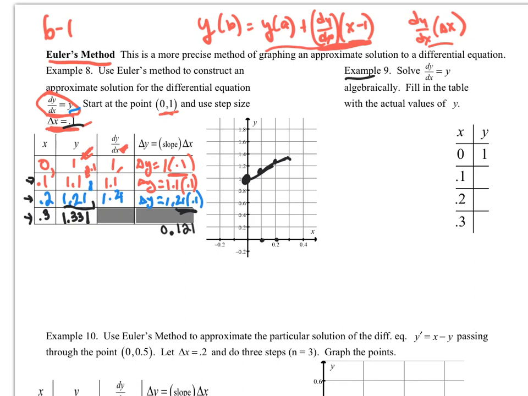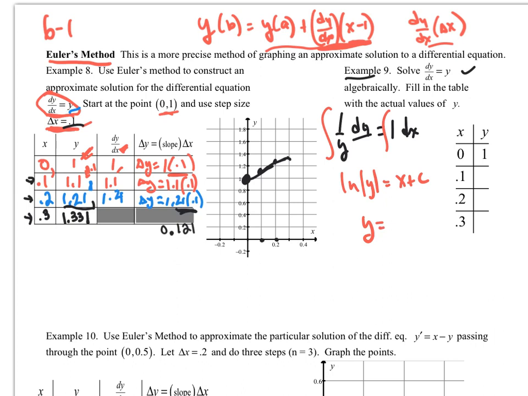Example 9 says, well, let's do this actually so we can see what's going on with this. So let's separate our variables for this one here. I need 1 over y dy is equal to 1 dx. And I'm going to integrate both sides. I'm going to get ln y is equal to x plus c.